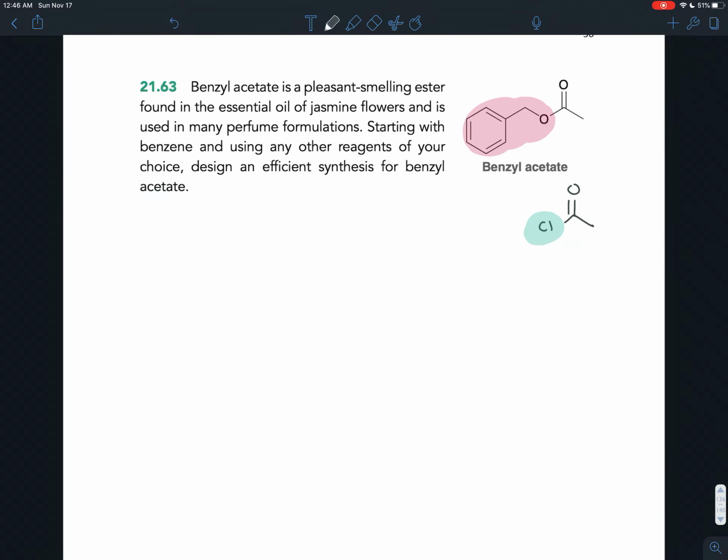But that's sort of the last step. We have to get this first. But now that we see that connection between the nucleophilic acyl substitution, the nucleophile that has to come in, and the leaving group that would leave, we can think about how we can turn benzene into the nucleophile there in red, which is really this.